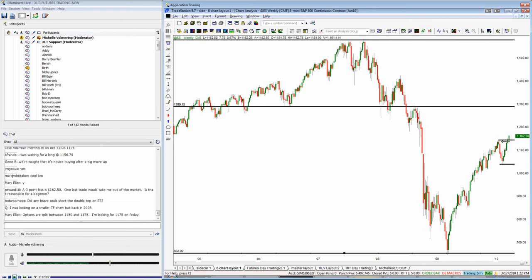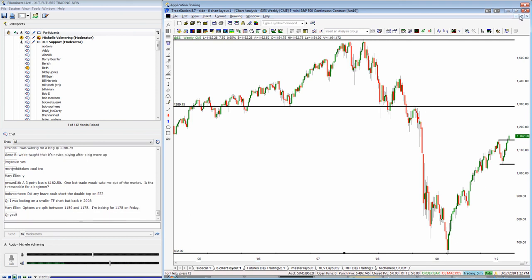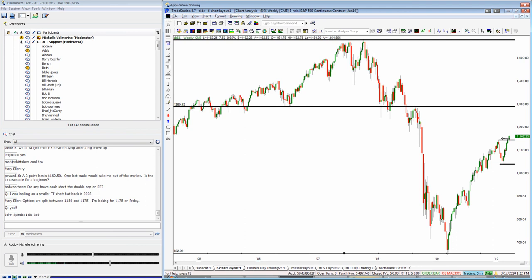Would I be willing to risk 4 S&P points to go to 11.75 and maybe even 1,300? The reality is I wouldn't be looking at 1,300 as a day trade. I wouldn't be looking at that big of a profit level. But coming off of 11.60 and breaking out of the highs of 11.59 that were put in on a 1-minute, a 5-minute, and a 15-minute, I would reasonably expect that 11.75 is attainable.